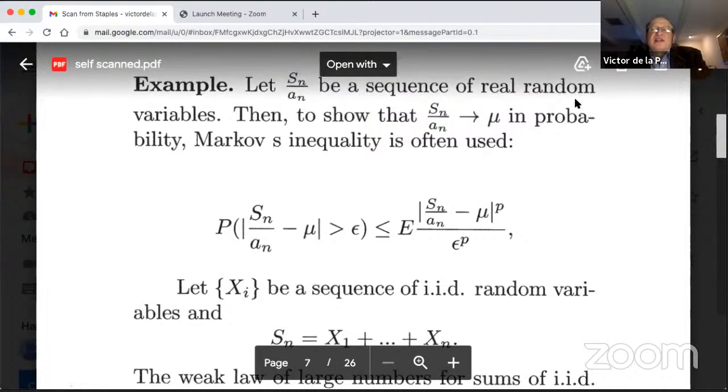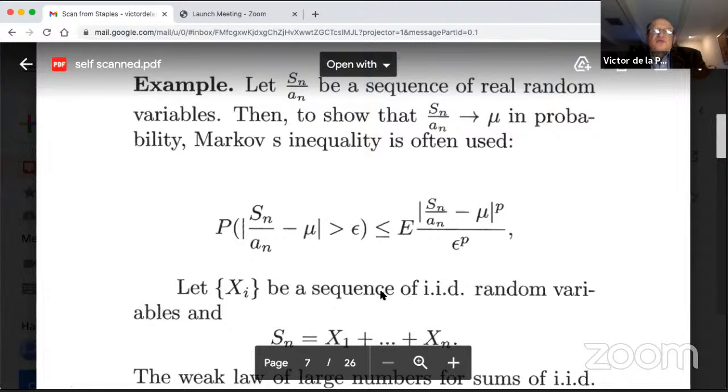Then to show that Sn over An converges to nu in probability, Markov's inequality is often used. So you have the probability that |Sn over An minus nu| is bigger than epsilon, less than or equal to the expected value of |Sn over An minus nu|^p over epsilon^p. So that's just Markov's inequality.